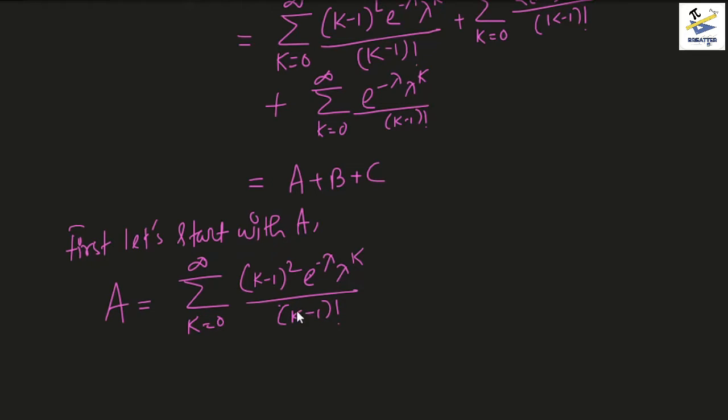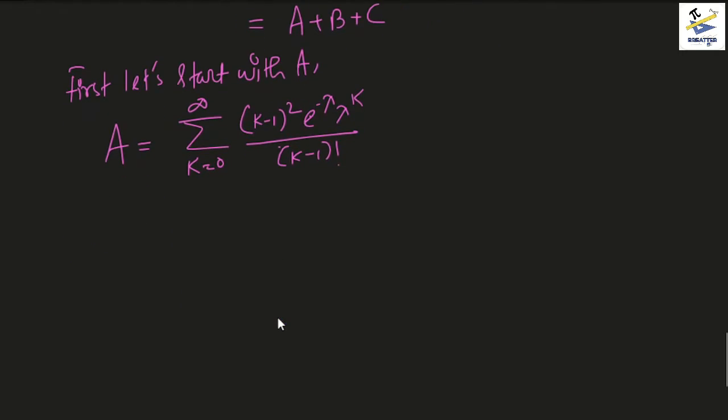Now firstly, one of the k minus 1 could cancel off from up and down, because k minus 1 factorial is essentially (k minus 1) into (k minus 2) factorial, right? So we can do that as follows: summation k equals 0 to infinity (k minus 1) into e to the power minus lambda, lambda to the power k by (k minus 2) factorial.